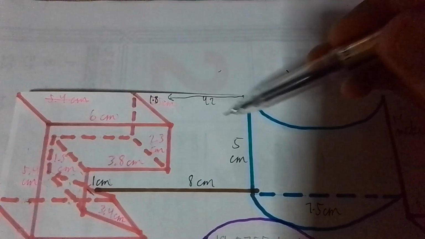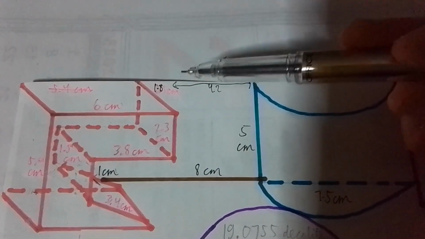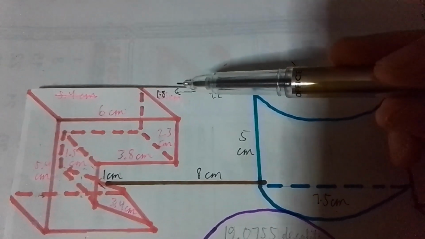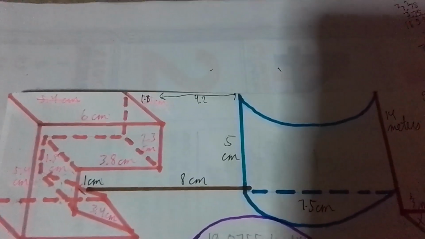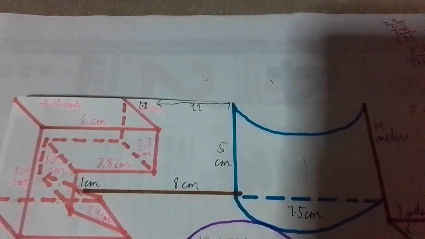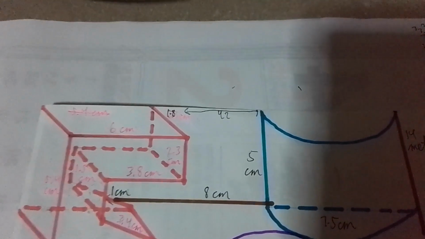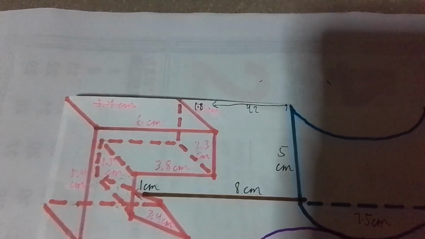Remember, this one here measures 1.7. 1.7 is the measure of this, and then 2.3 plus 1 equals 5. So therefore, 1.7 times 1.8 gives 3.06 for the area before dividing. Divide by 2, you should get 1.53.